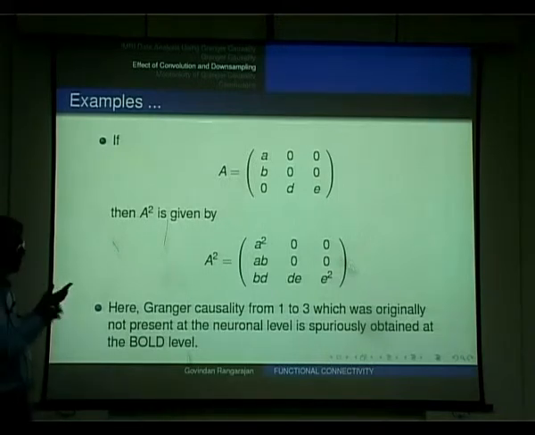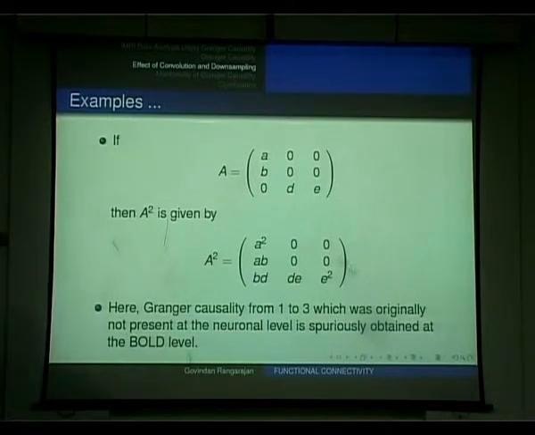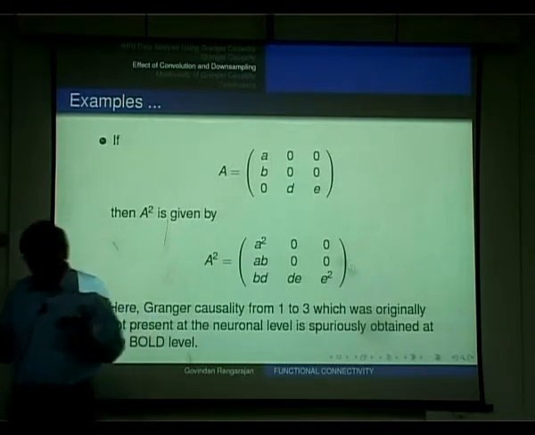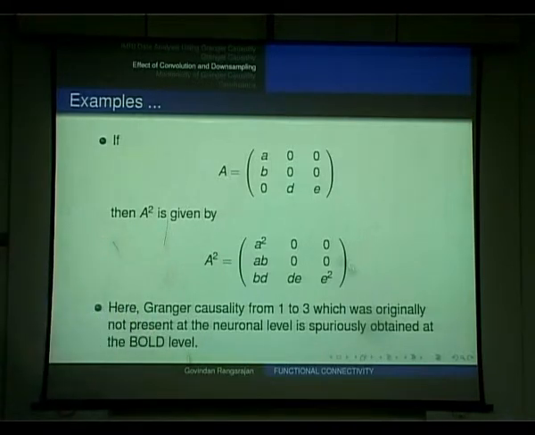Even though I'm talking in terms of Granger causality, all these considerations will apply to correlation analysis and all the other analyses that we do. So this is a serious issue. When you're looking at these connectivity patterns, either using correlation or Granger or whatever technique, what is present at the neuronal level may not be present at the fMRI level because of this downsampling, and what is not present may come up spuriously at the fMRI level.